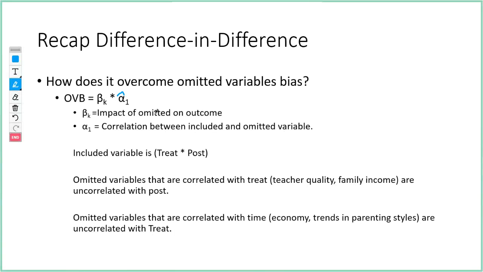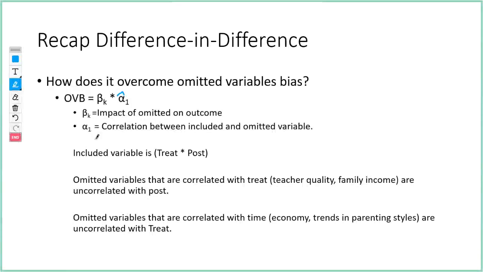So the amount of bias caused by an omitted variable is the product of beta k, which is the impact in this case of family income on literacy if it were included in the model, and alpha 1 hat, which is the correlation between the omitted variable, family income, and the variable that is included in the model.